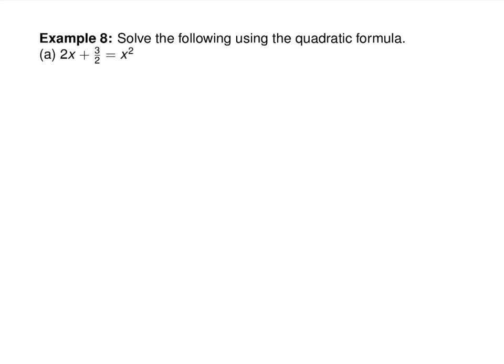All right, this one. Now, do you think it's easier to plug whole numbers or fractions into the quadratic formula? Whole numbers, right? So could you manipulate this expression so that you only have whole numbers? Yes. How would you do that? Multiply by 2. So that gives us 4x plus 3 equals 2x squared.